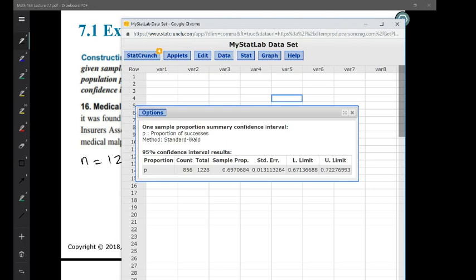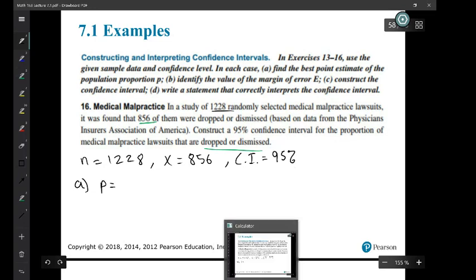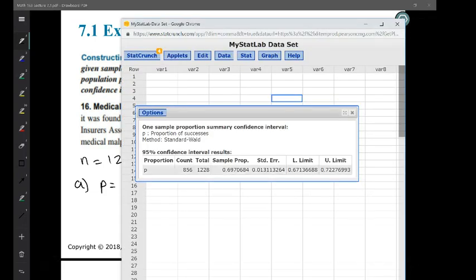So part A, find the best point estimate of the population proportion P. Well, P is going to be equal to this 0.6, that's the sample proportion from our confidence interval summary, so 0.697.